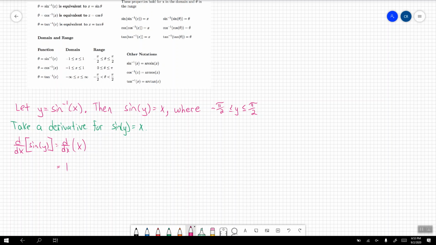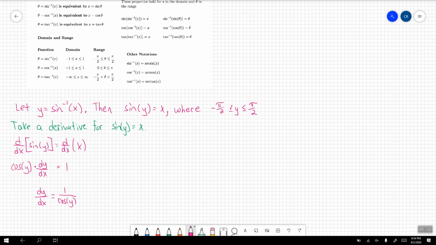So we must apply the chain rule, and the derivative of sine of y is going to be cosine of y, but then we multiply by the derivative of y with respect to x. And again, that's a chain rule process. Now, if I wanted to solve for dy dx, in other words, the derivative of y, I get 1 over cosine of y.